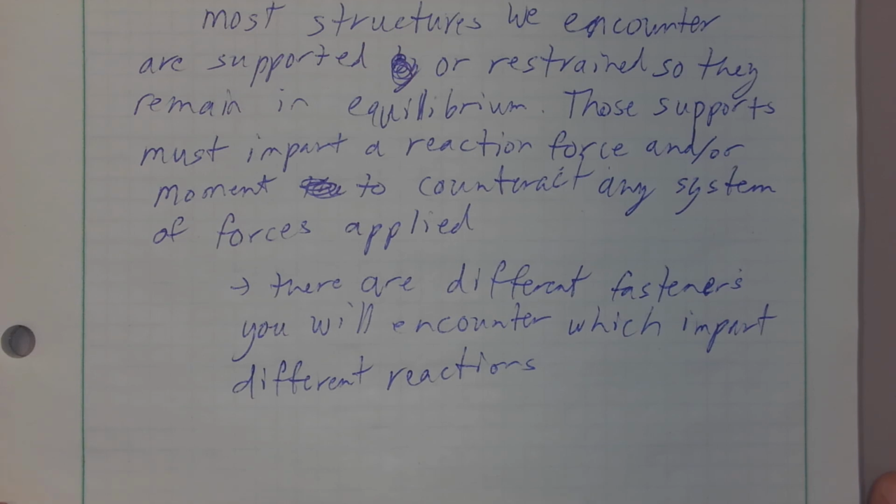And so we're getting pretty close to a good stopping place. I'm going to show you some examples of some reactions in the next video that we'll look at, and we'll talk about what kinds of forces and/or moments that they apply. So we'll stop there. We'll pick up the next one.